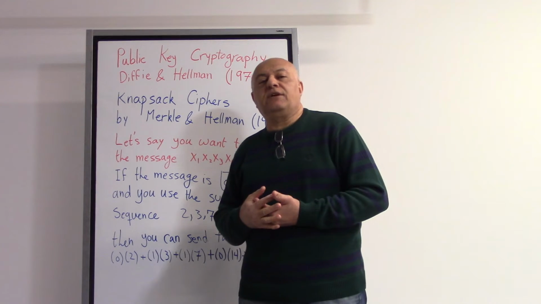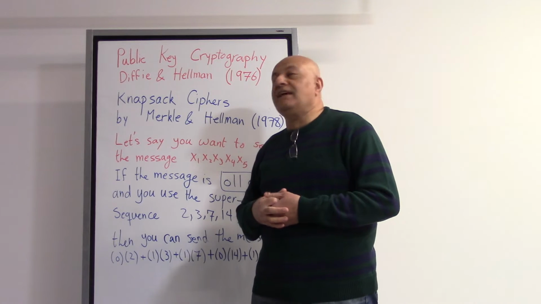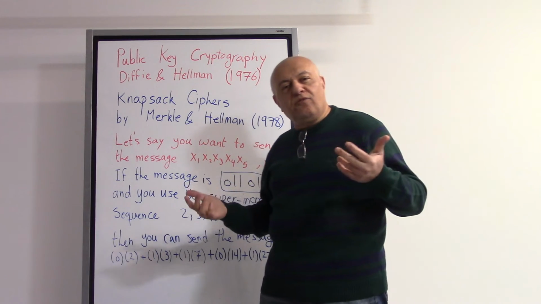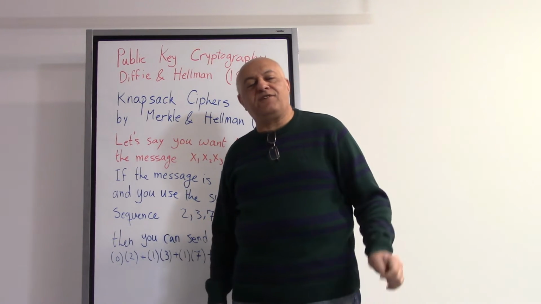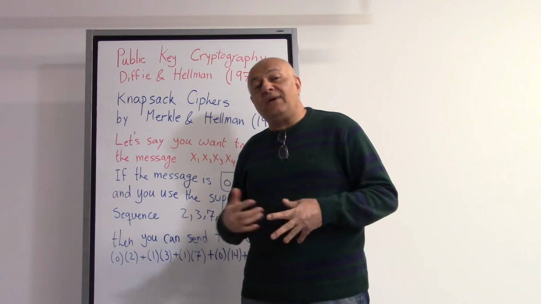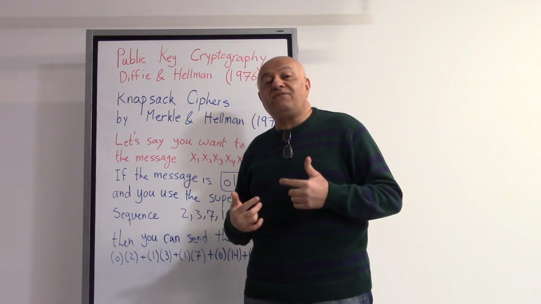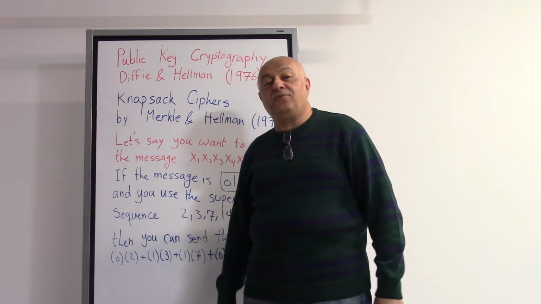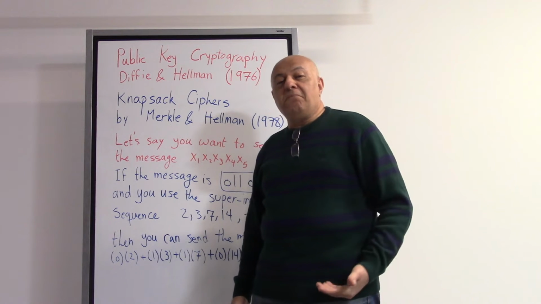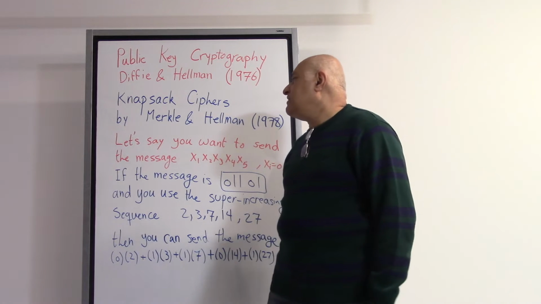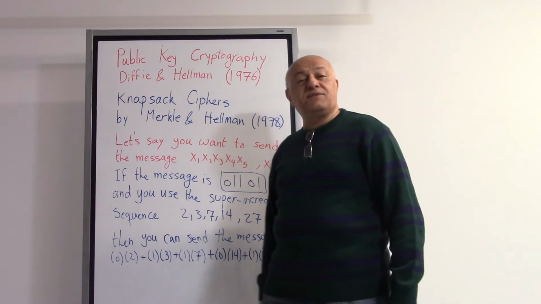In today's lecture, I try to explain that. Although nowadays probably they don't use them that much, that was the first major example or breakthrough in terms of making those public key crypto systems.